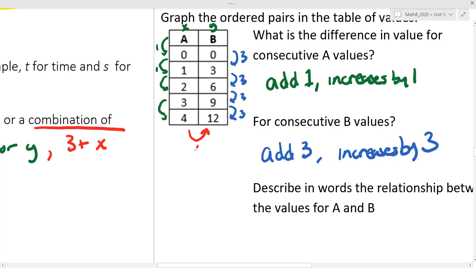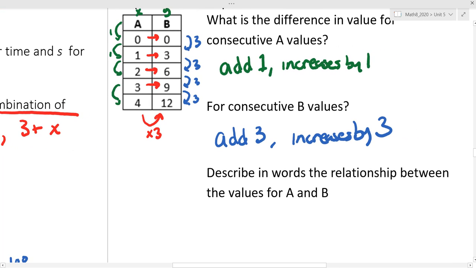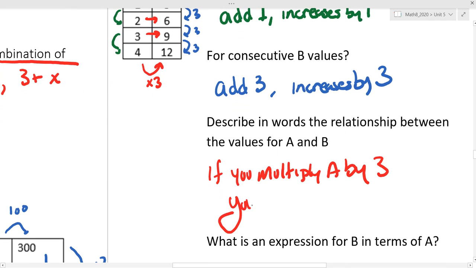So to go from this column to this column, you have to times each one of these by 3. Describe that in words: if you multiply A by 3, you get B.